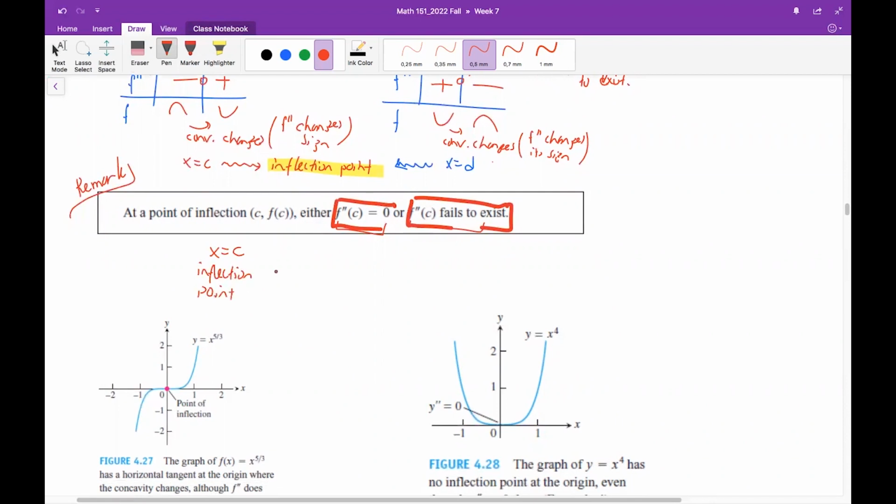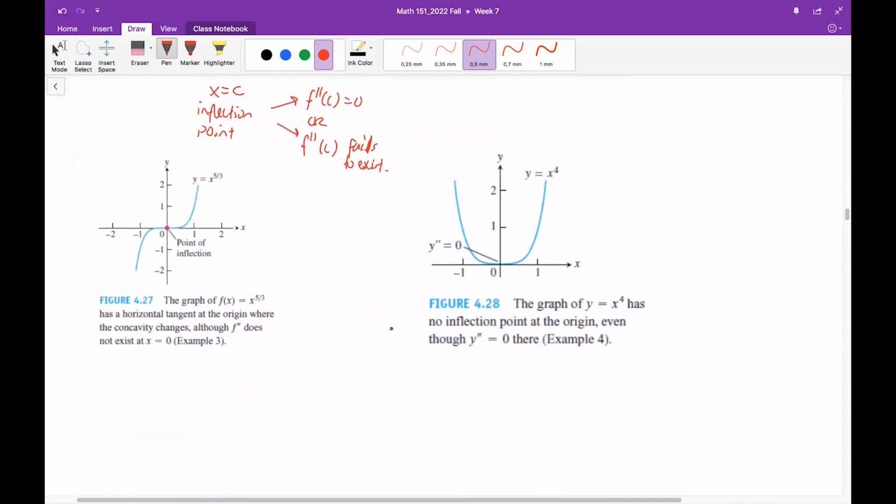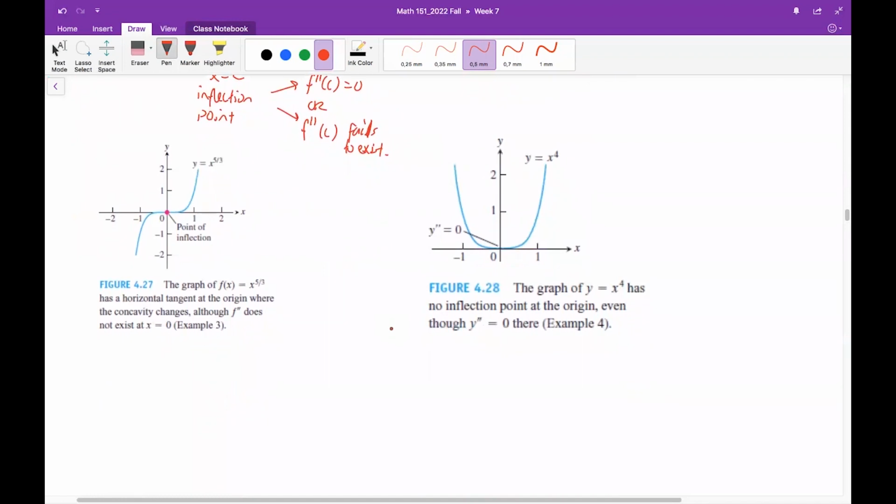If you know this information, then you know that either the second derivative is 0 or the second derivative at this point fails to exist. Okay, let's move on. Look at these two figures, please. You have x to the power 5/3, and we want to understand whether this function has an inflection point or not.